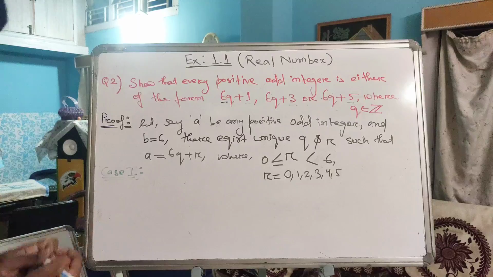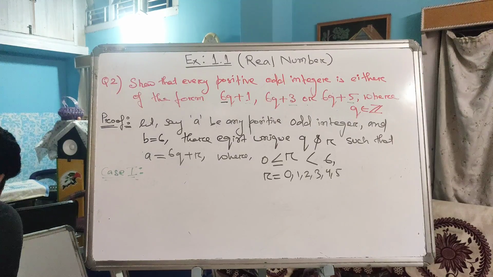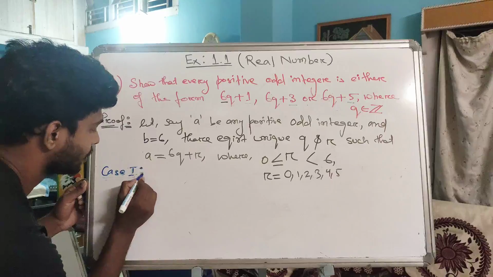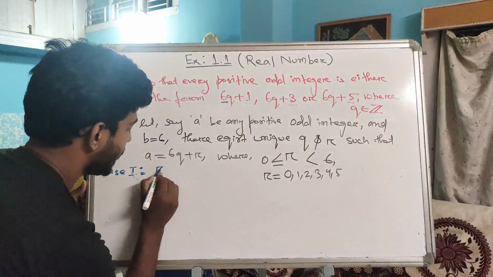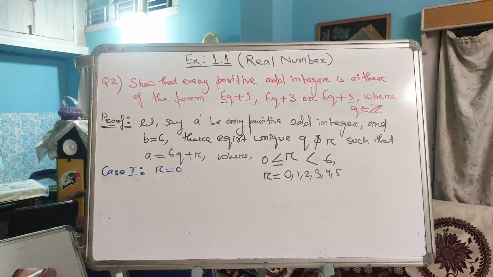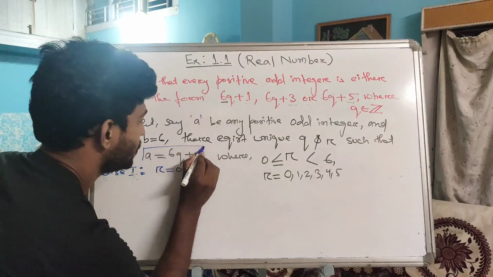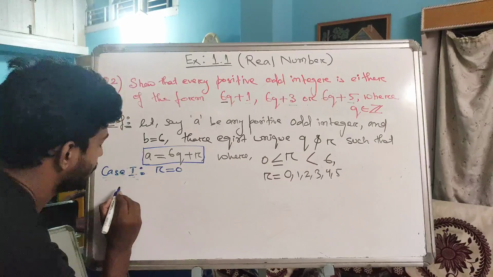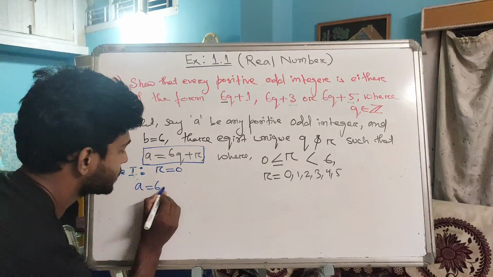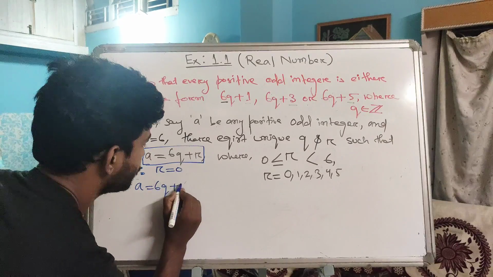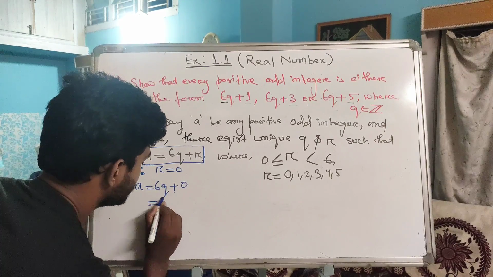Case 1, when r equals 0. So let us put r equals 0 in this equation. a equals 6q plus r, and we substitute 0 in place of r, which is the same as 6q.